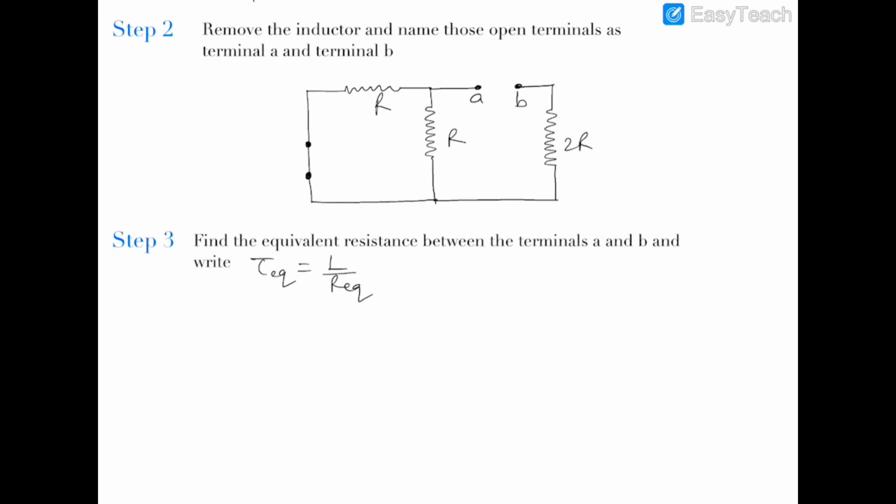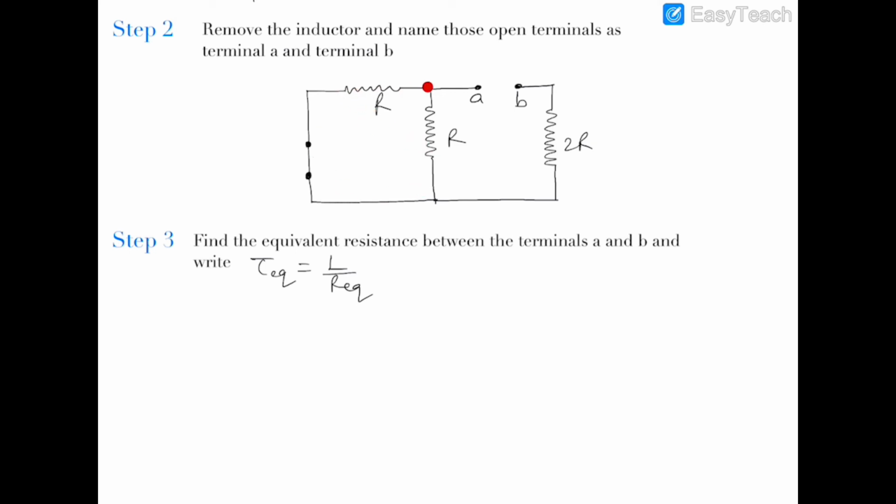Now the second step says that you have to remove the inductor and name the terminals of the inductor as terminals A and B. I have removed this inductor from here and named the terminals as A and B. Now the third step is to find out the equivalent resistance of this circuit across these terminals. You can see that this R and R are in parallel.